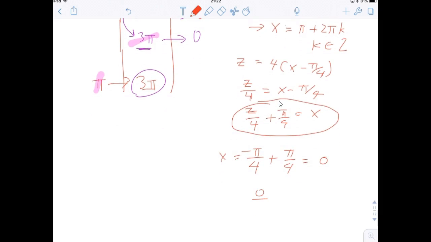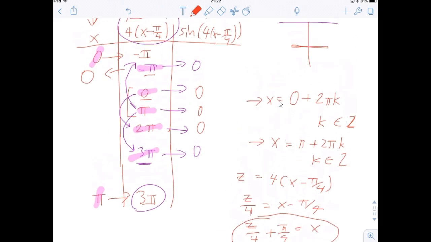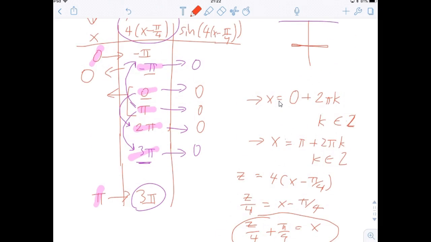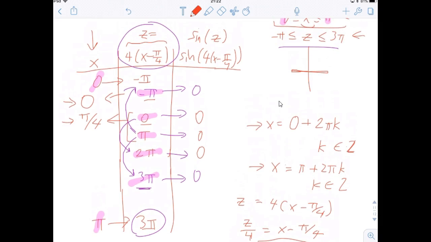So if z is 0, it would be 0 over 4 plus pi over 4, which is just pi over 4. So the x value that corresponds to 0 here is pi over 4. So now we have two x solutions which give us a sine of 0: x equals 0 and x equals pi over 4.